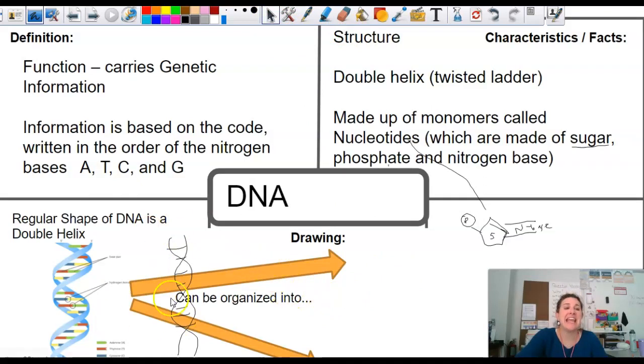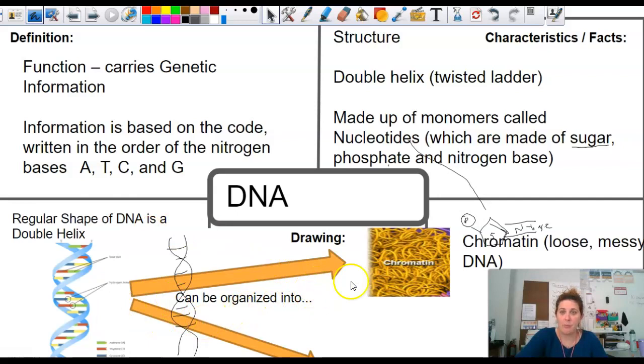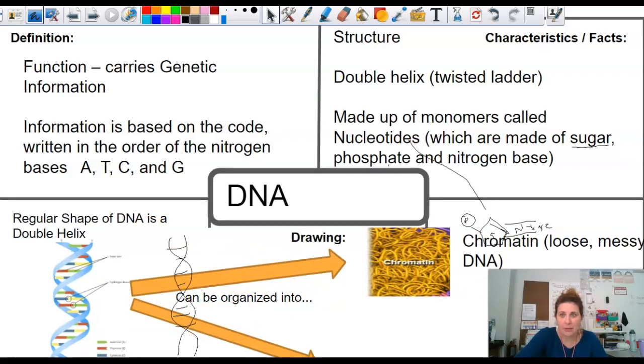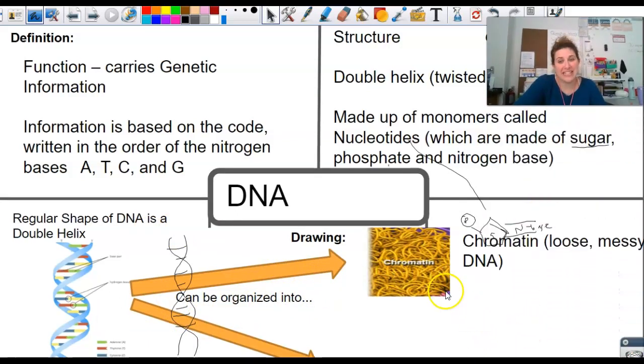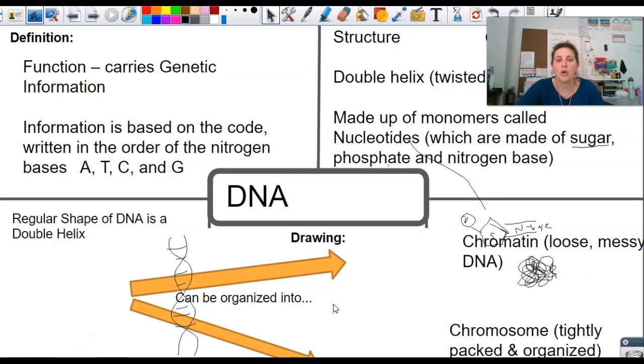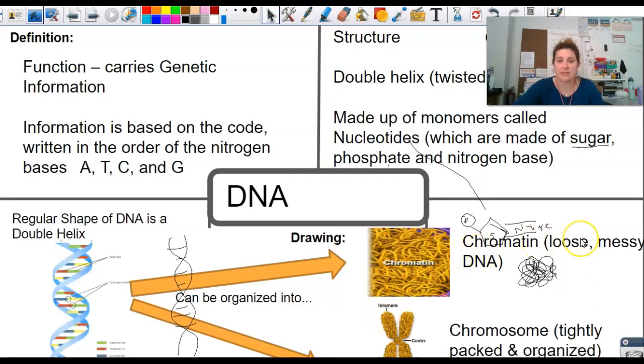We can take that DNA and we can organize it into either chromatin, which is loose, messy DNA. I'm going to draw that. Chromatin looks like this. Or we can organize it into chromosomes, which are tightly packed and organized.